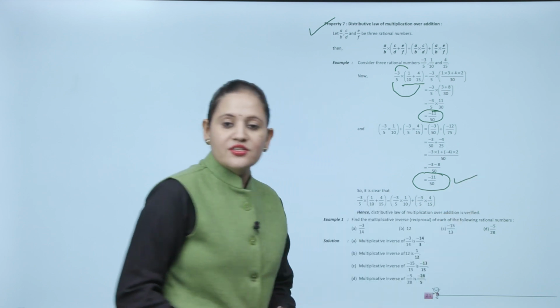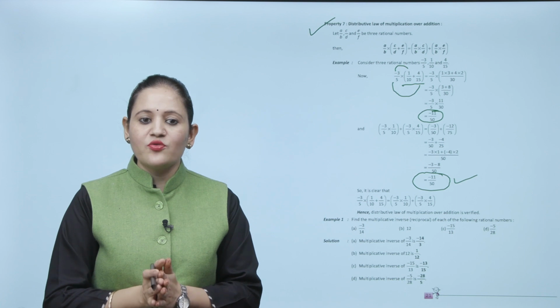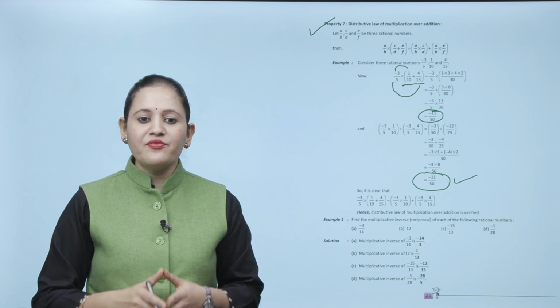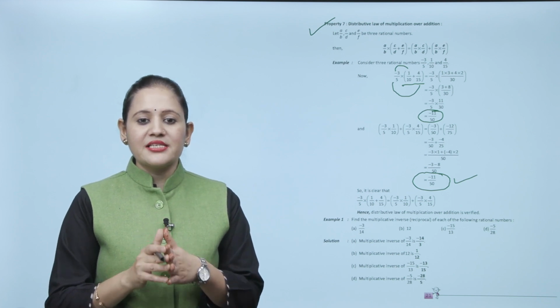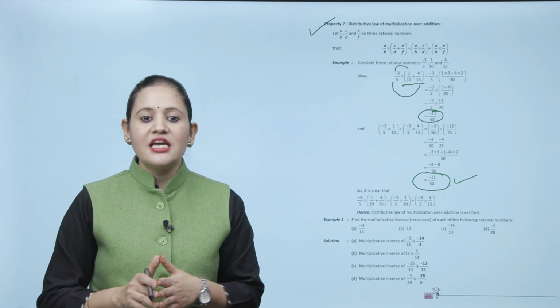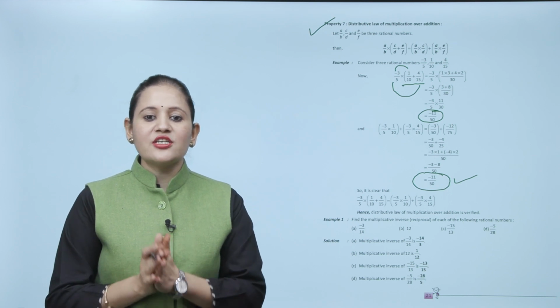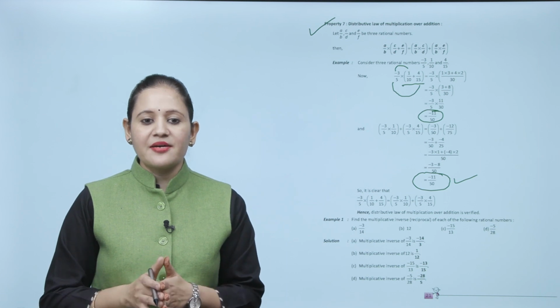-11/50. So it is clear that -3/5 into 1/10 plus 4/15 equals to -3/5 multiplied by 1/10 plus -3/5 into 4/15. Hence, distributive law of multiplication over addition is verified. Clear? Now we'll take an example.